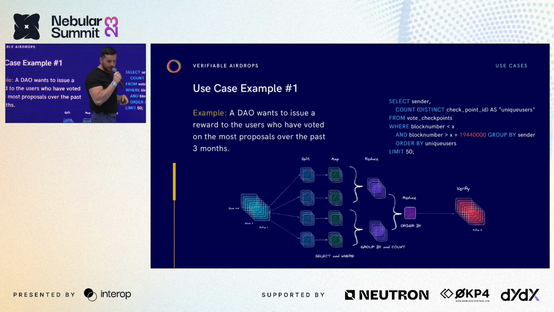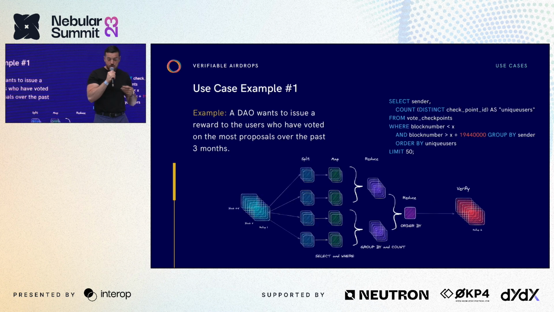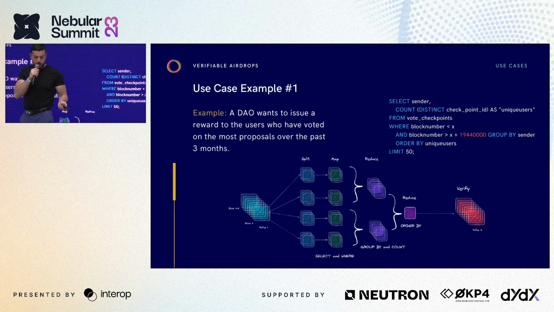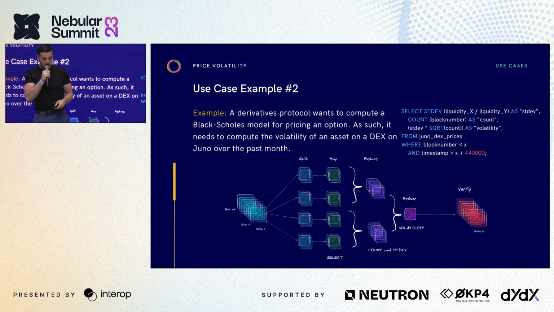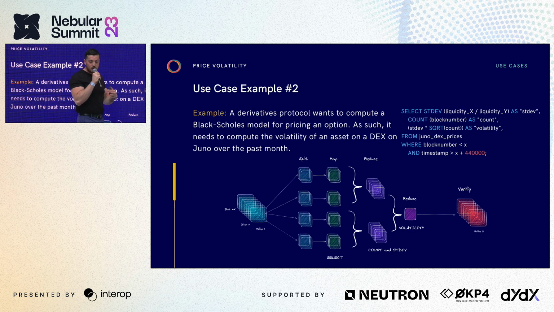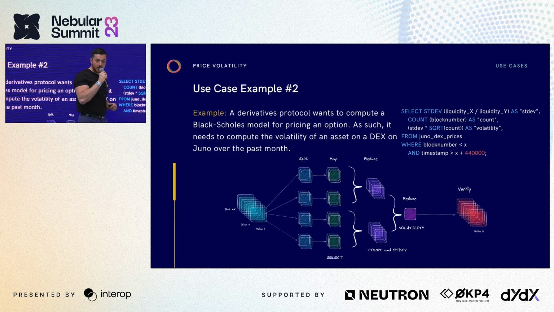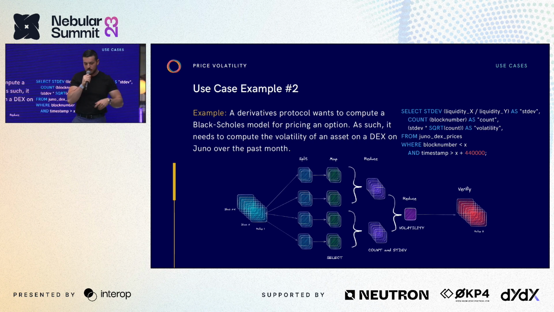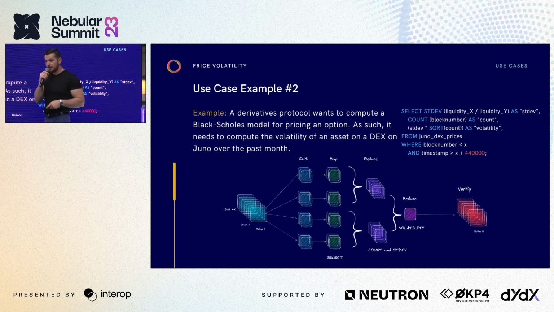You can, for example, determine the users of a DAO who have voted over a predefined period of time verifiably, so you can issue rewards to them. Or you can have an options protocol, and you can compute across the DEX that you want to use to derive volatility verifiably.